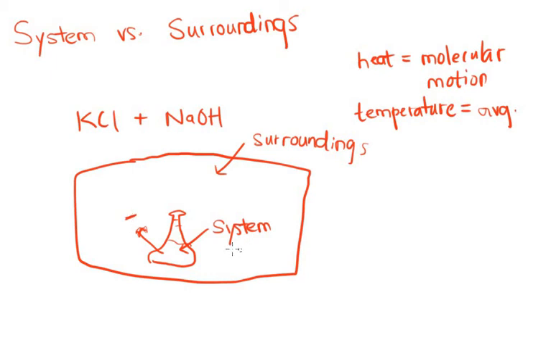But let's say heat is introduced from the surroundings into the system. Now that is positive. That's negative, that's positive. So we look at everything from a biased standpoint. We look at everything from the system. So if something's leaving the system, we say that's negative. But if something like heat energy is coming into the system, that's positive.